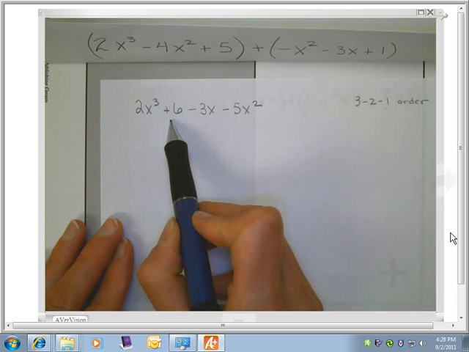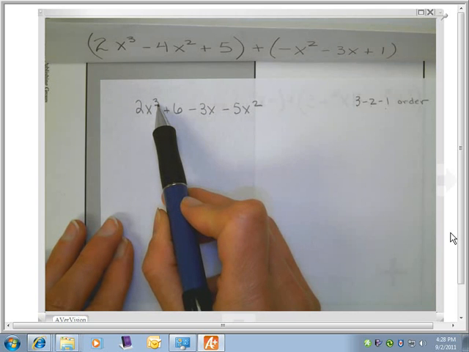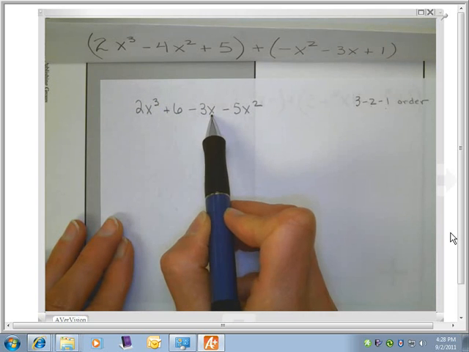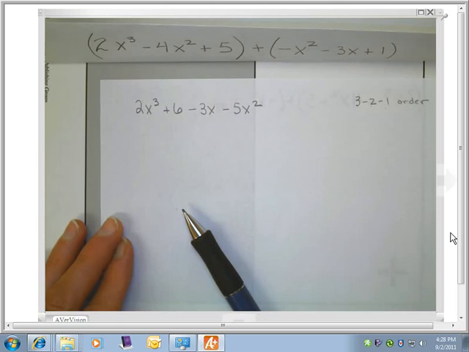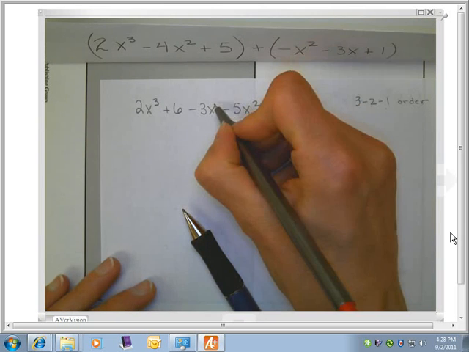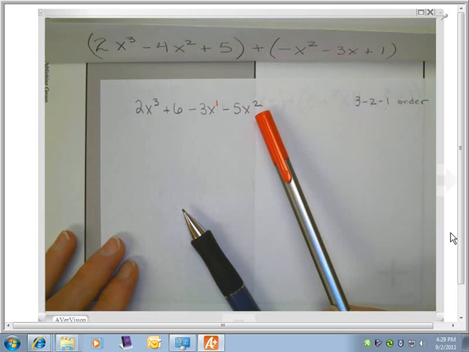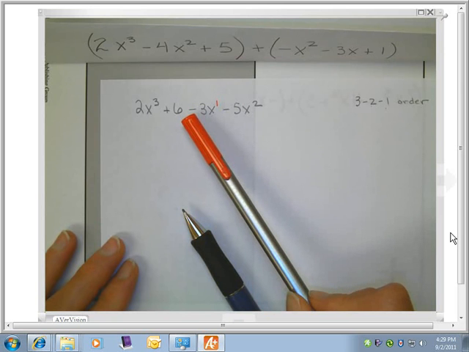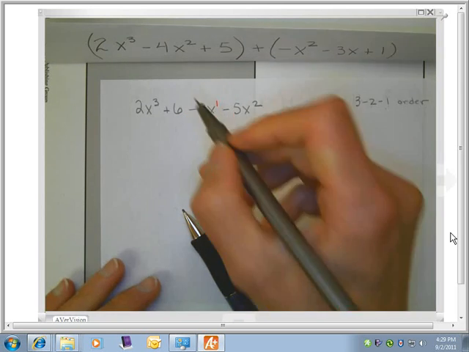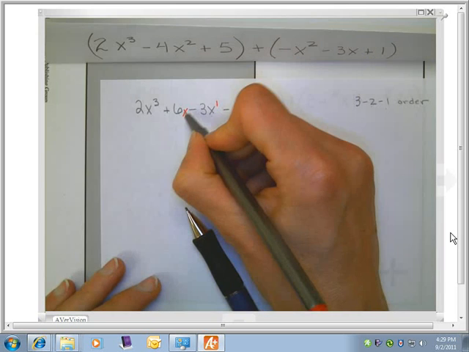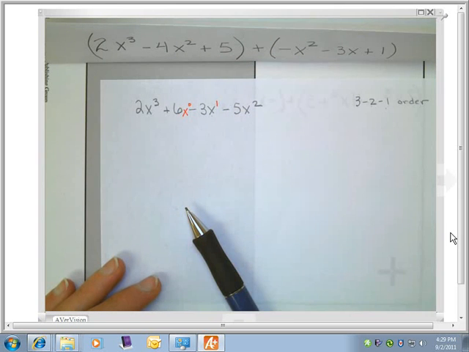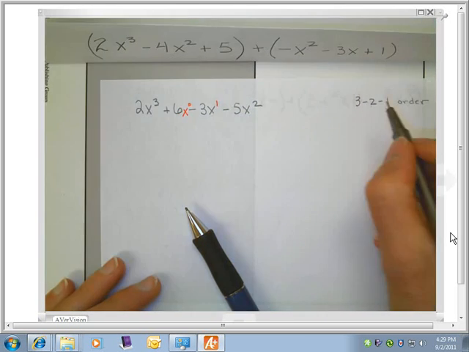So 2x cubed, well, that's my highest exponent. Remember, this exponent here, that's one of those exponents that's understood to be there, 1. And then that's x squared. And what's tricky right here is there actually is an x. It's an x to the 0. It's not written, but it's there.